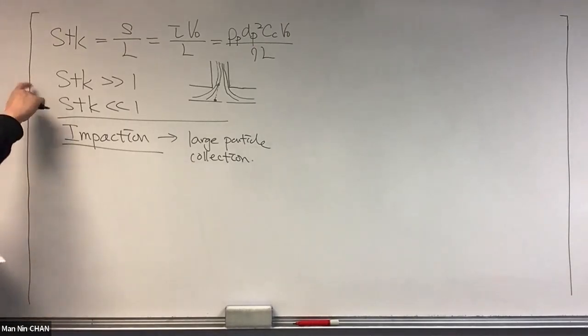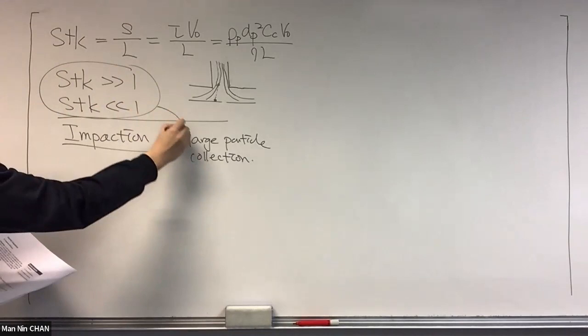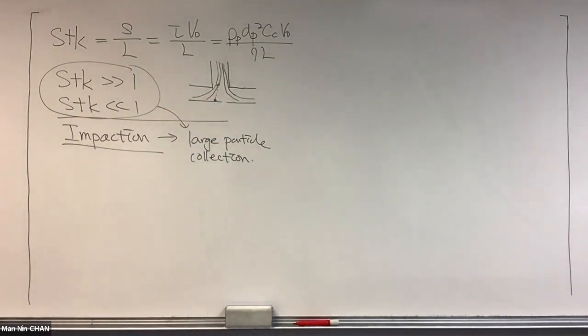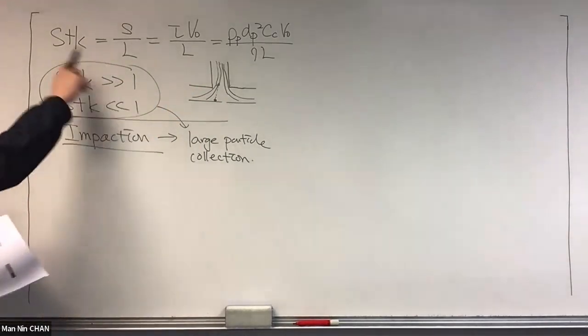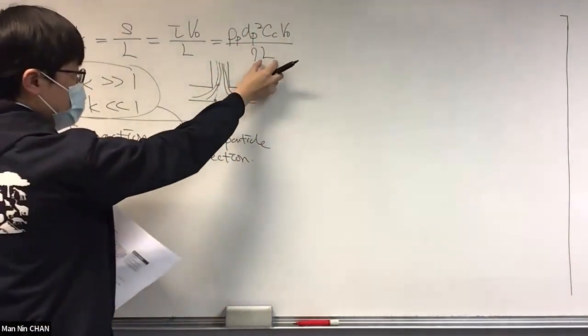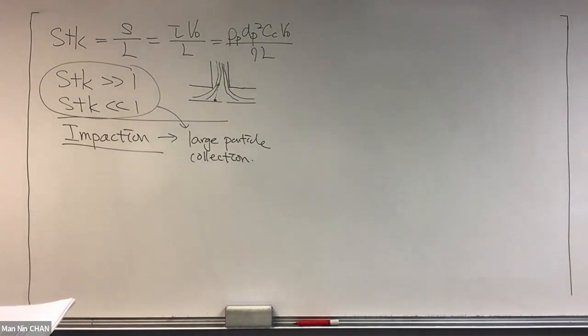Therefore, the Stokes number now comes in. When you want to design an impactor to collect the particle, you can calculate this Stokes number for your particle size. Now what we want to change is the L. If you remember, we defined L as a characteristic length scale.